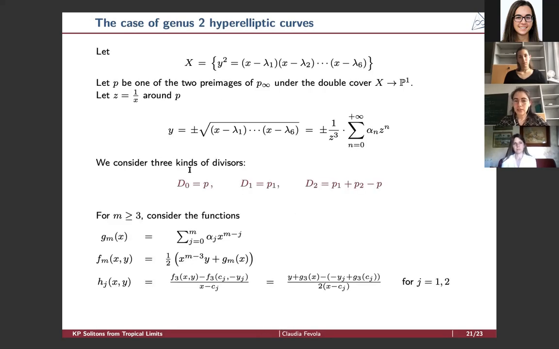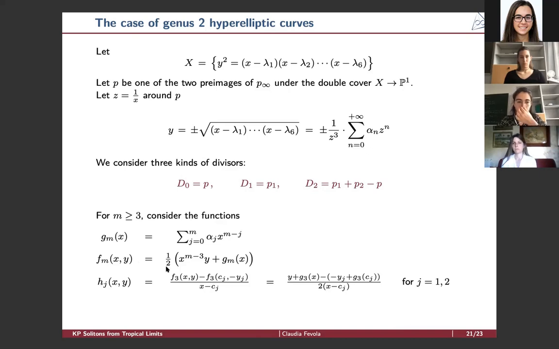We can then consider 3 types of divisor. We want to build an element in the Sato Grassmannian, so we need an infinite basis that will give us this point. This is the way one can construct a basis.